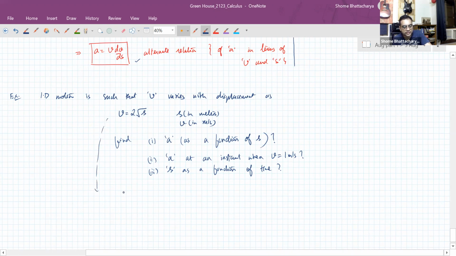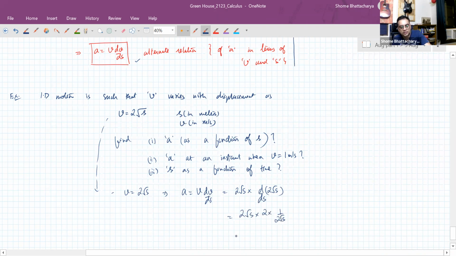Here you'll see that v is equal to 2 root s. So that implies that acceleration, which is v dv by ds, very interestingly, when you do this calculation, it comes out to be 2.